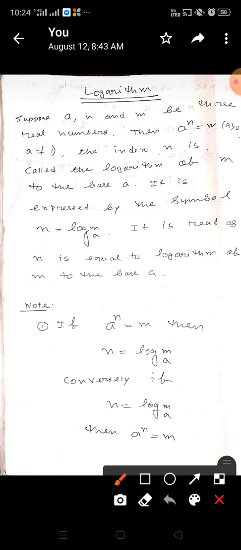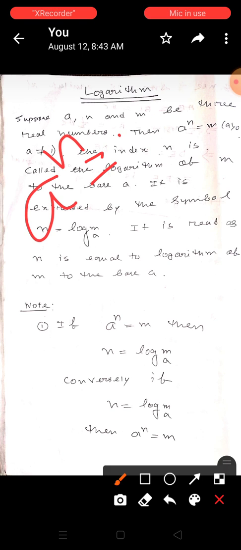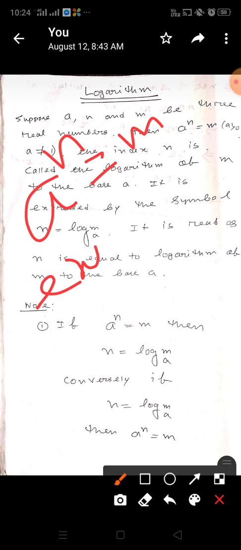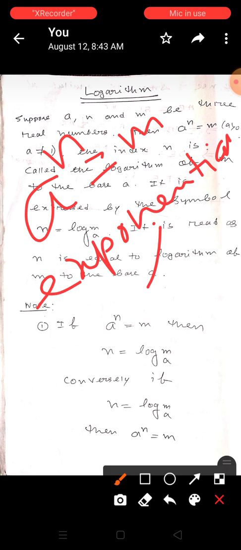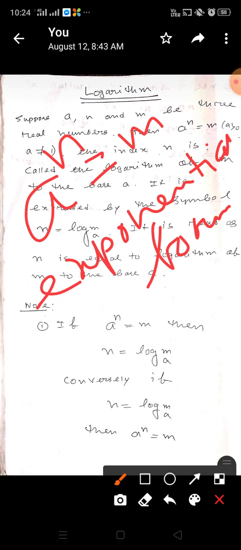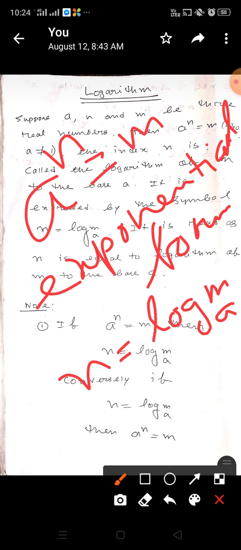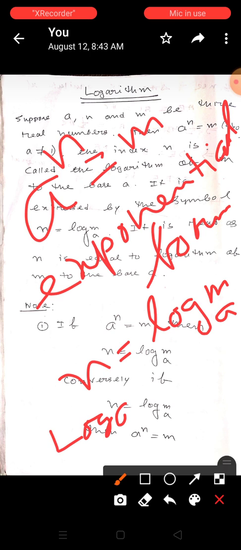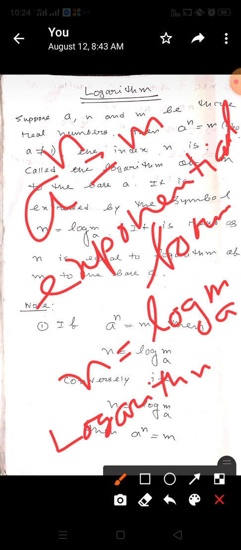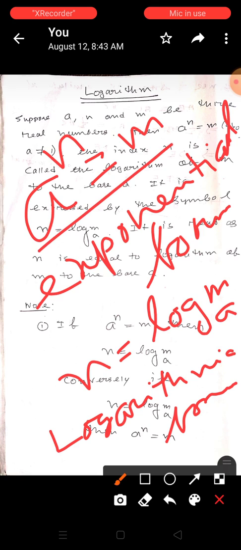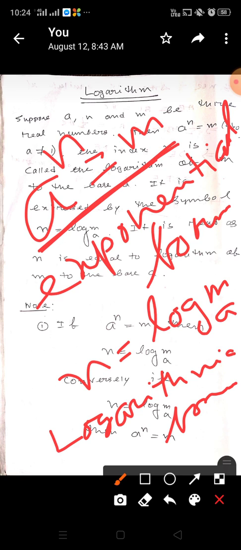Now there are two forms: a to the power n equal to m is called exponential form, and n equal to log of m to the base a is called logarithmic form.